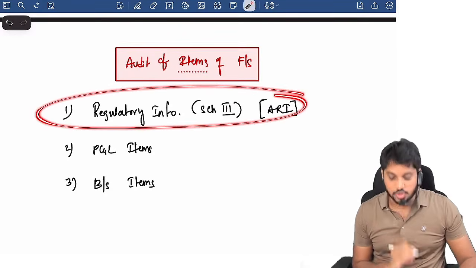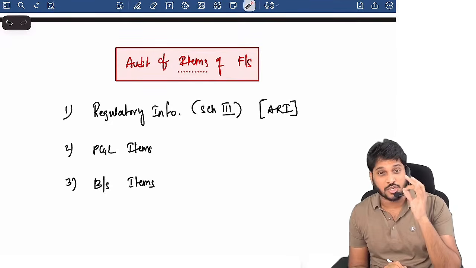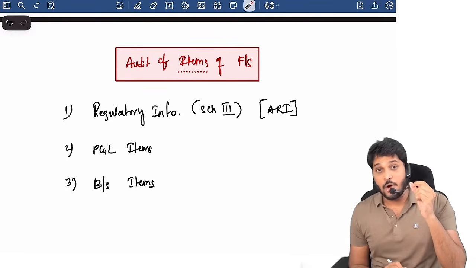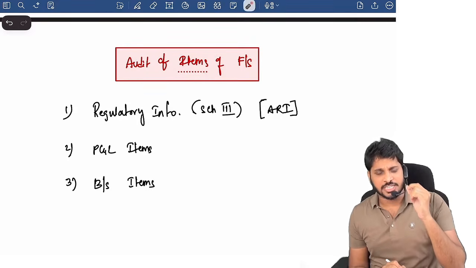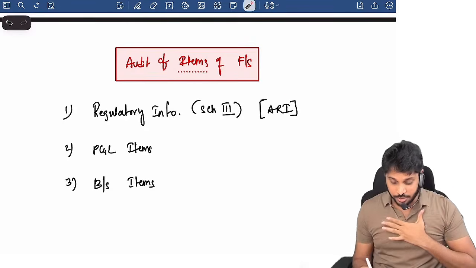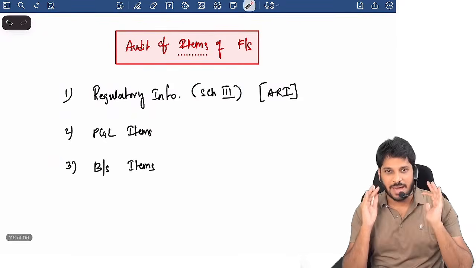Like that, some points were there. For example, you might have seen a corporate social responsibility expenditure related disclosure, important ratios disclosure, and funding party intermediary beneficiary transaction disclosure, like that. So first we need to finish that. Once we finish that, then we'll go to P&L items and balance sheet items.